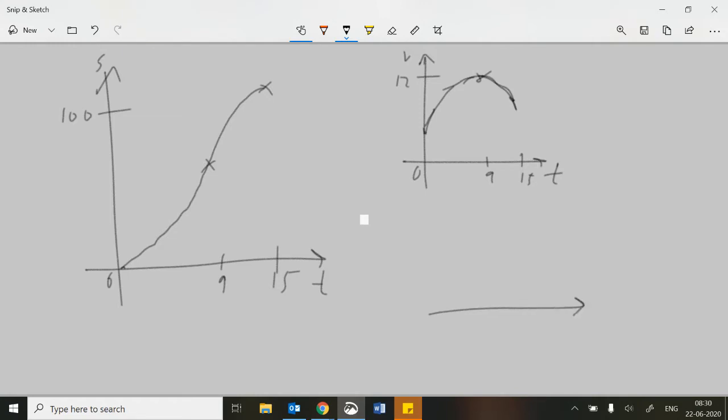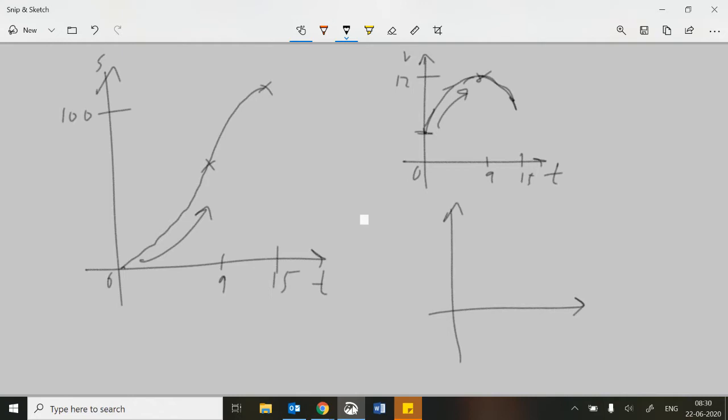Now, the acceleration time graph is one which normally confuses people a little bit. What's happening here? So we have an acceleration in the first part. So we're accelerating, we're getting faster and faster to the middle.